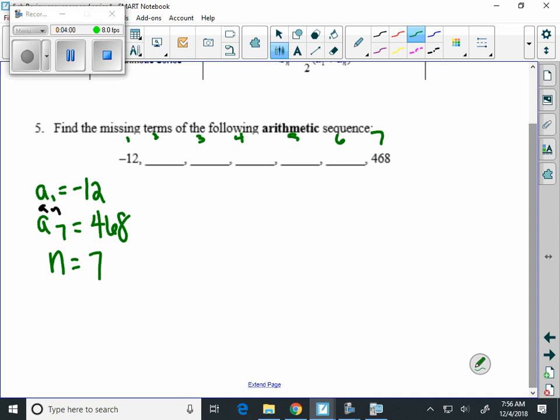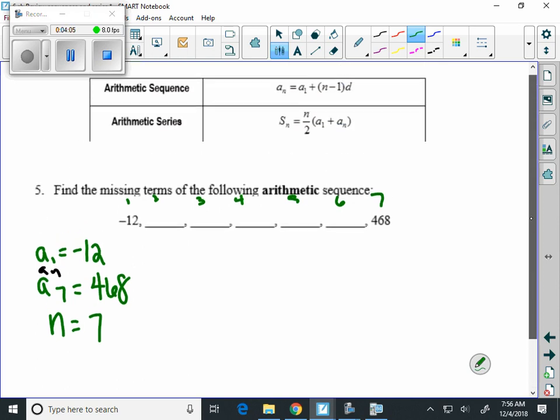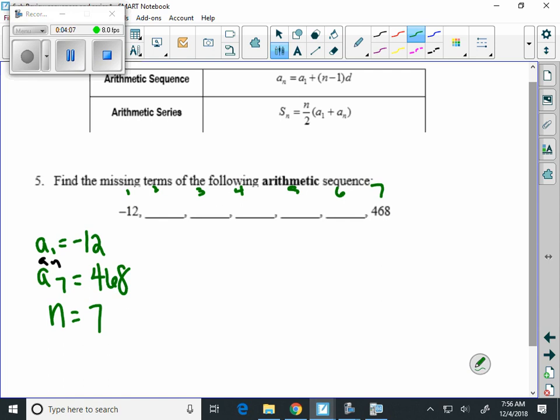And we can use this to find the common difference so that we can find our values. We're going to be using that top formula, which will be provided for you. So it's going to be a sub 7 equals a sub 1 plus n minus 1 times d.